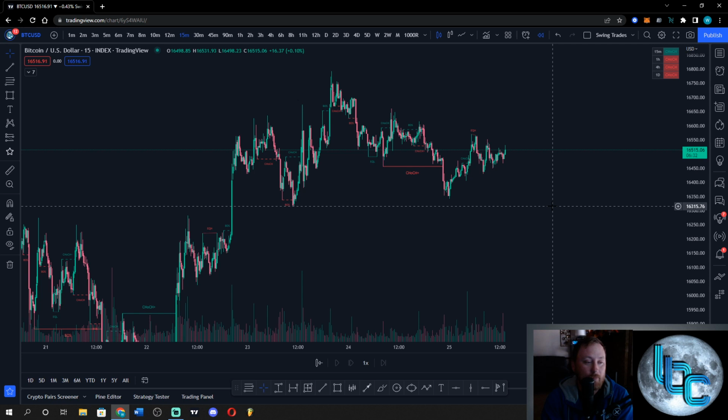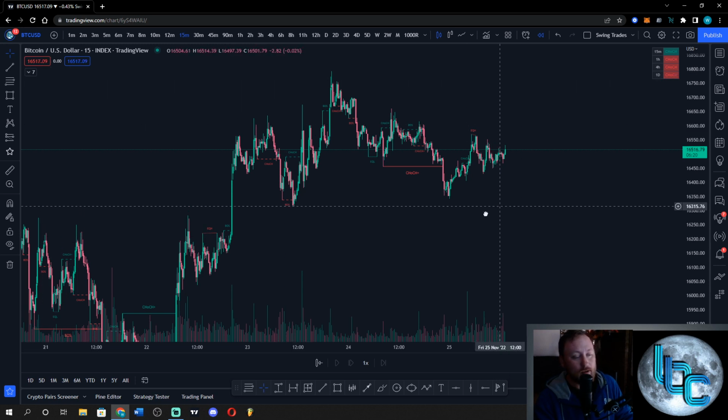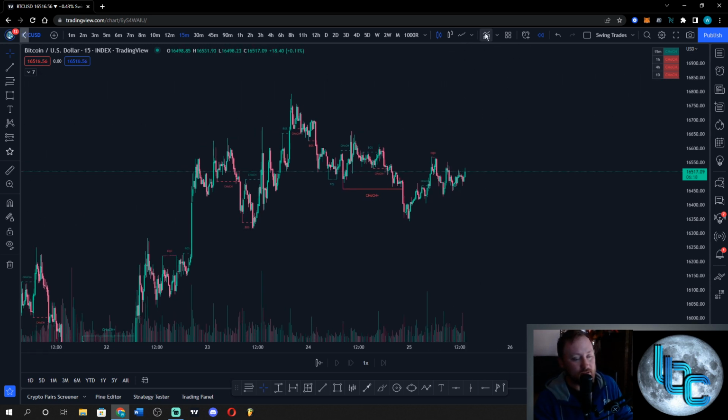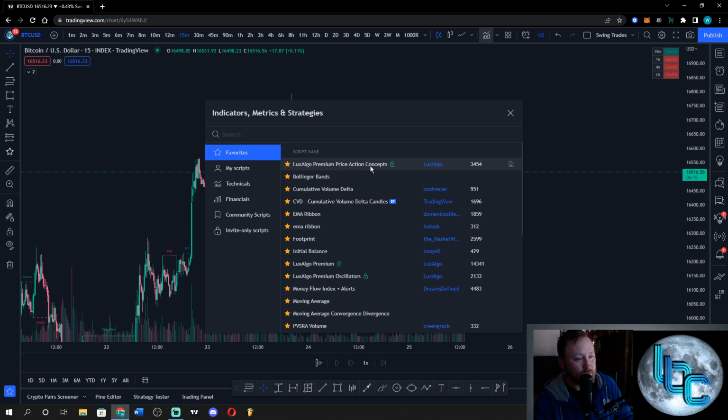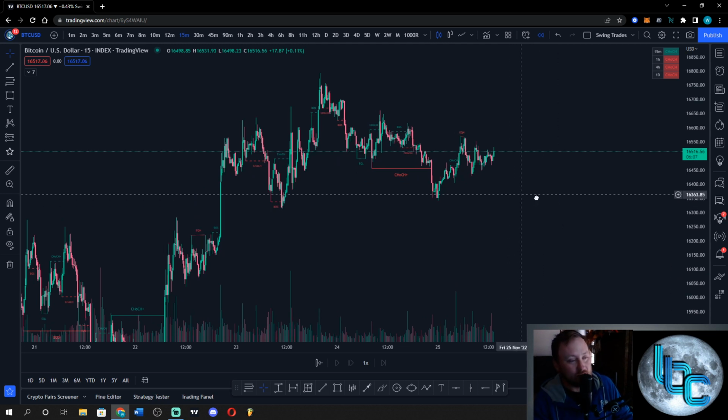First, let's go over the new Lux Algo indicator, SR indicator, I believe is what it's called. Let me make sure it's Lux Algo Premium Price Action Concepts. That's what they've changed it to now. Now, this indicator is bomb. I love this indicator so much.